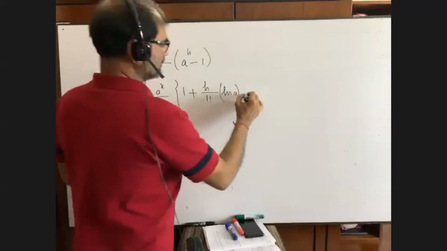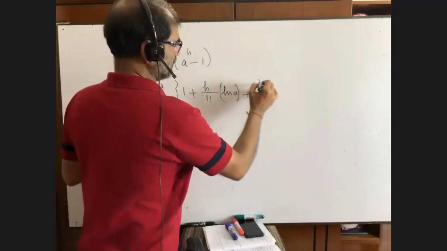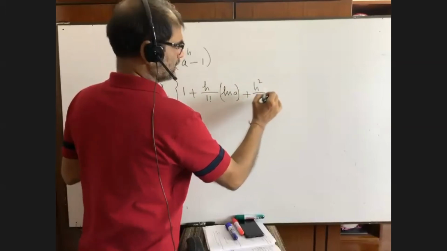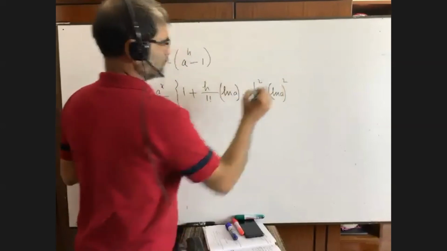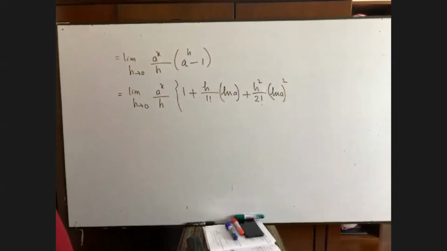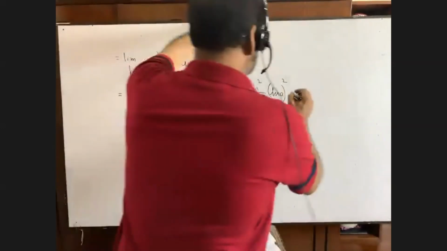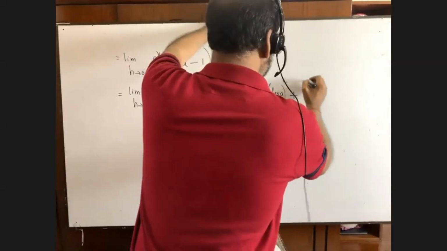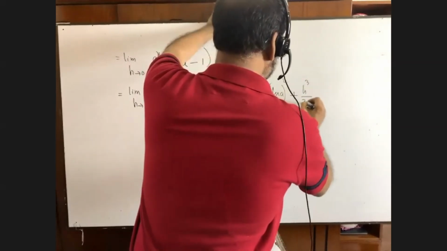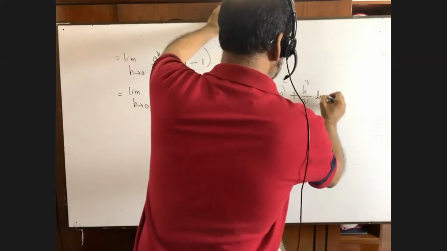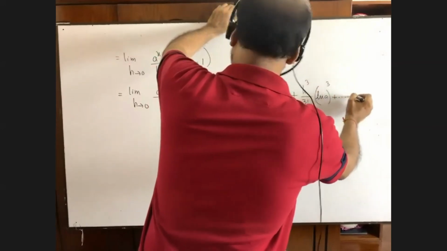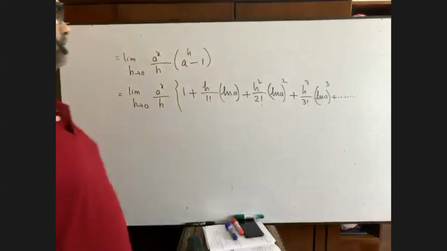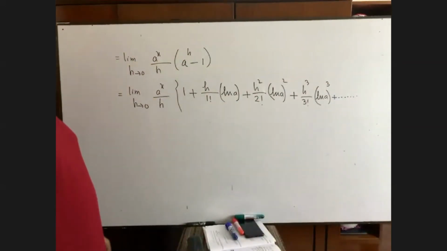Suppose it is h square by 2 factorial. It's okay, but ln a will be added. Yes, it is a square, so it will be ln a whole square. Please try to understand. It should be h cube by 3 factorial, but there will be ln a whole cube. Are you getting me or not?